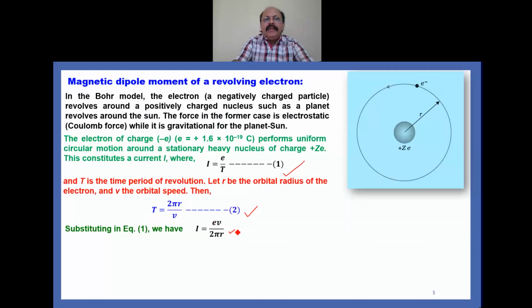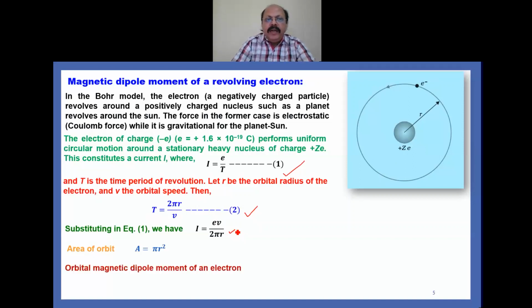Now for calculating the magnetic dipole moment, you require current as well as the area of the loop. So here the area of the orbit of the electron becomes pi r square. Then the orbital magnetic dipole moment of the electron, mu L equal to IA. Here the electron is revolving in an orbit, that's why we are calling its magnetic dipole moment the orbital magnetic dipole moment.